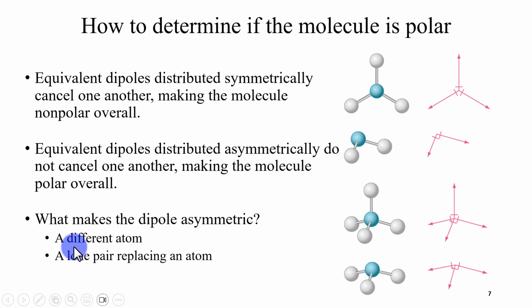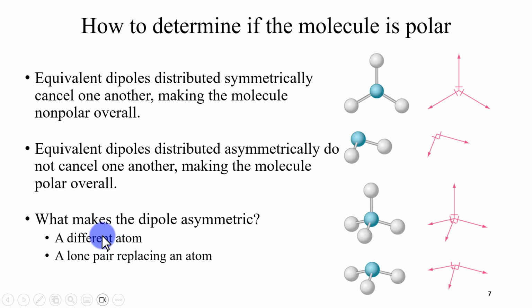Two things. If I substitute one of the atoms with a different atom that has a different electronegativity value, or if I replace an atom with a lone pair, that also makes my dipoles asymmetric and will make the molecule polar. Now, the molecule can be slightly polar or very polar, depending on what the electronegativity values are for the bonds.